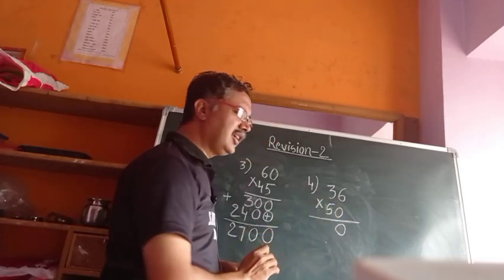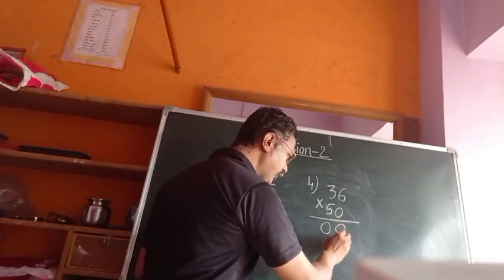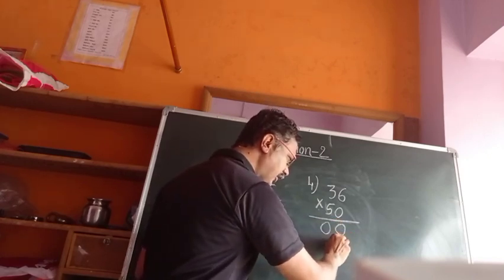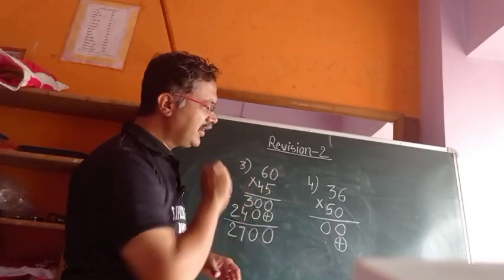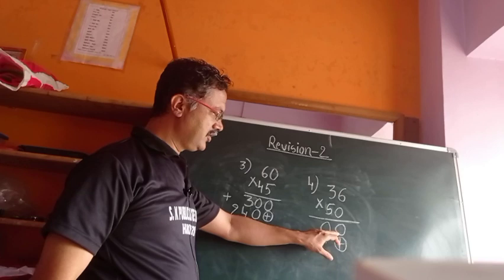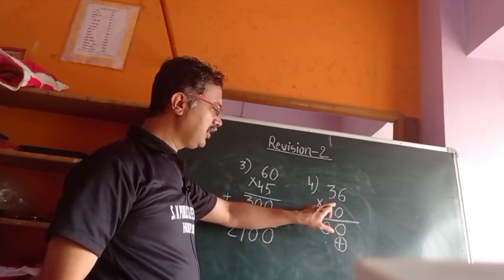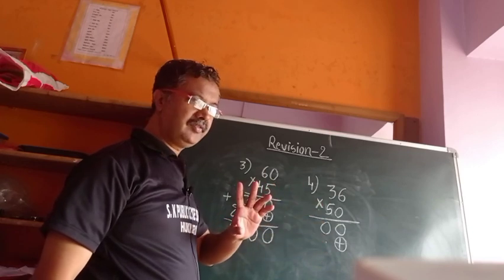0 into 3, 0. Very good. And we are inserting here 2 0s. 0 into 6, 0. 0 into 3, 0 only.